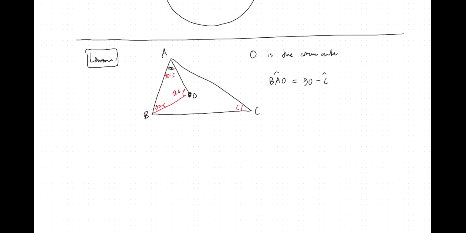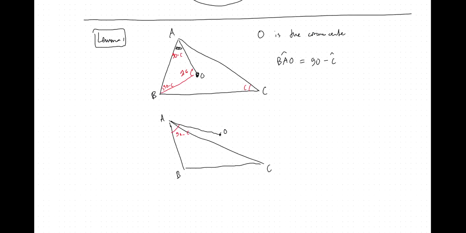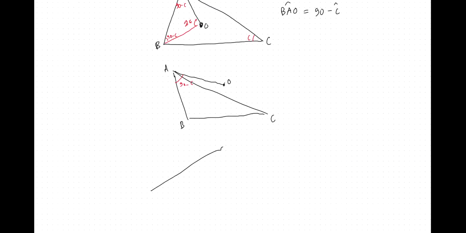Even when somehow O is outside like that, still this is 90 minus C. Or when O is outside in this way, then C is more than 90 in this situation.